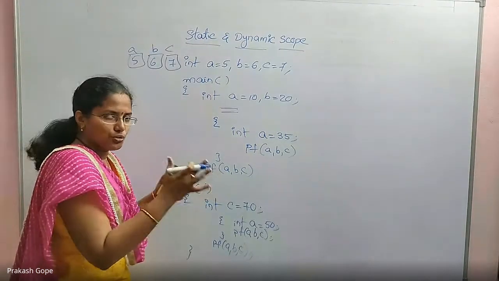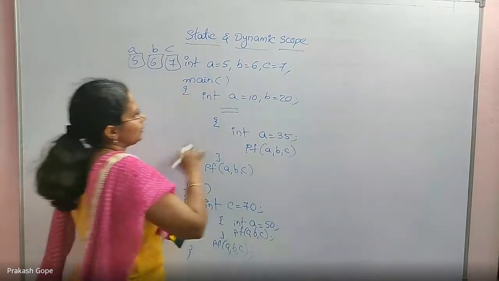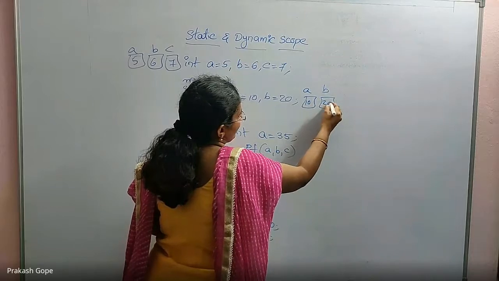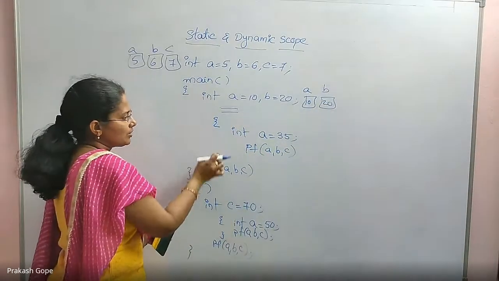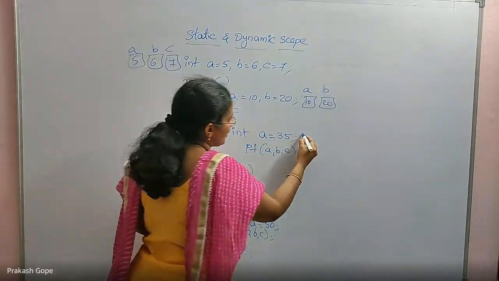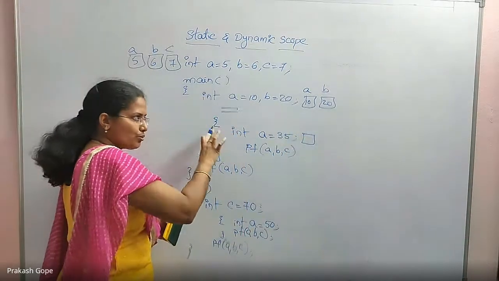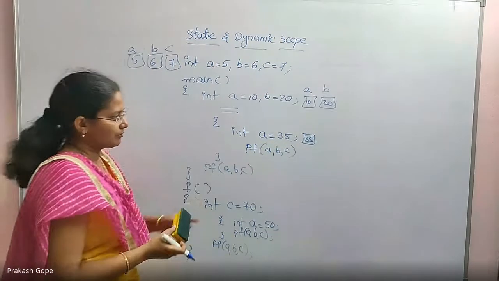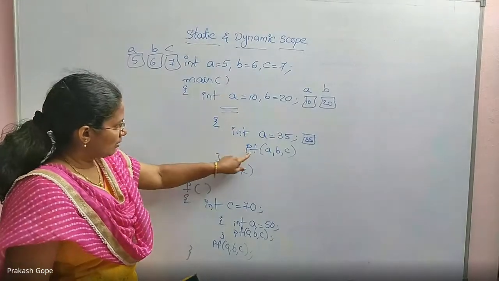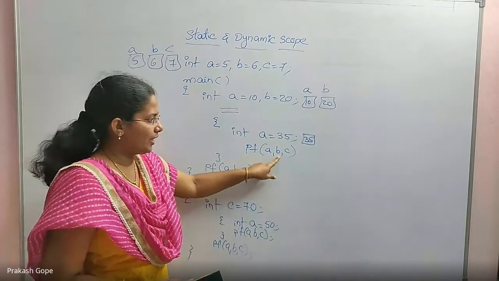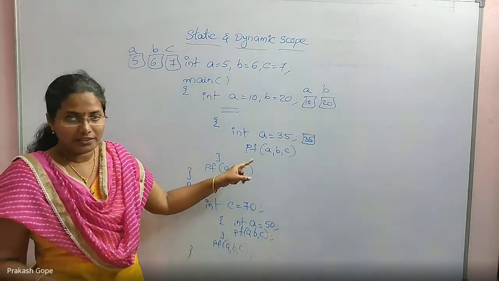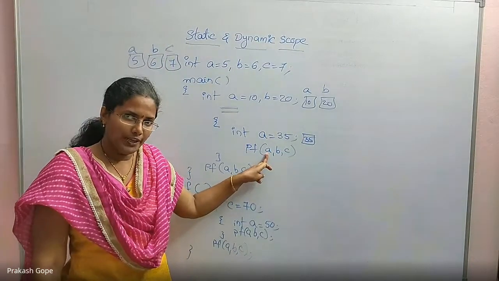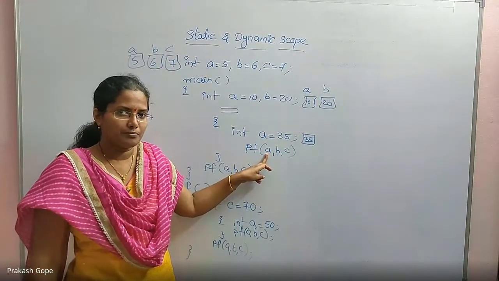Every function has its own memory space, right? In it variables a and b are declared. They are 10 and 20. After some lines there is a new block. In this block, again I can declare a variable, and of course it is a new scope. It gets created and initialized with 35. During execution, when I write the line printf a, b, c, if I access a variable a, which a does it print?